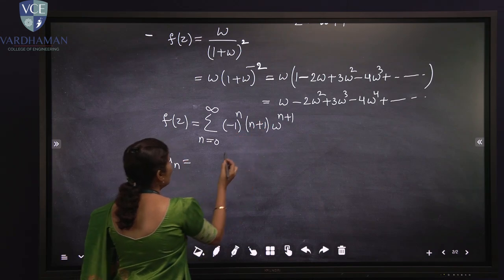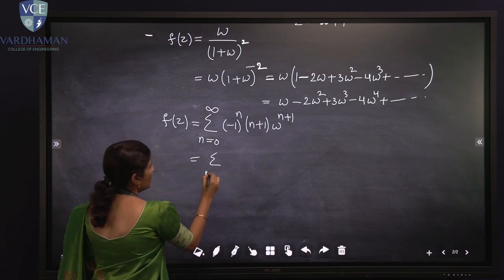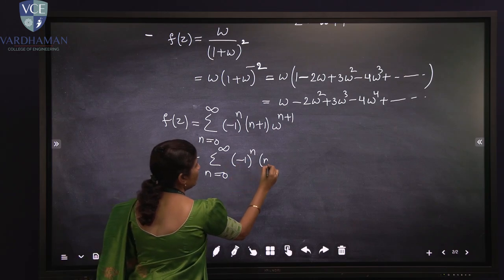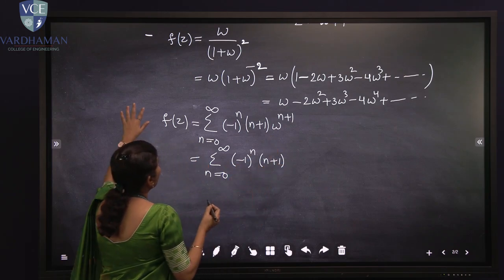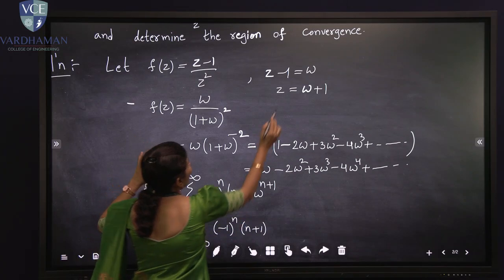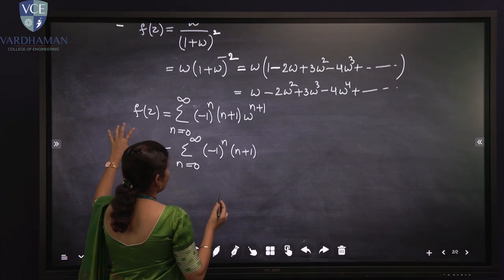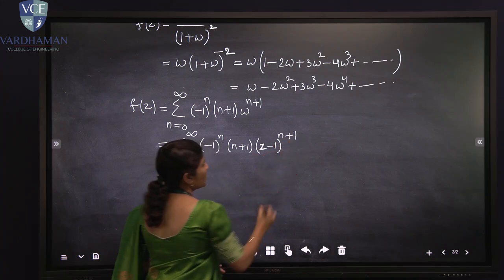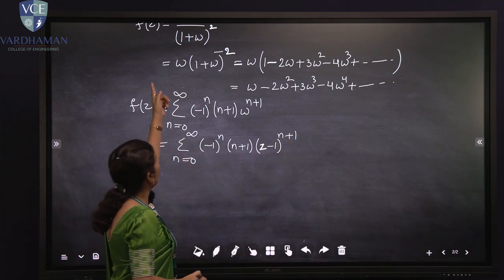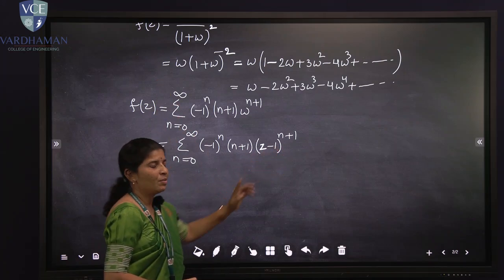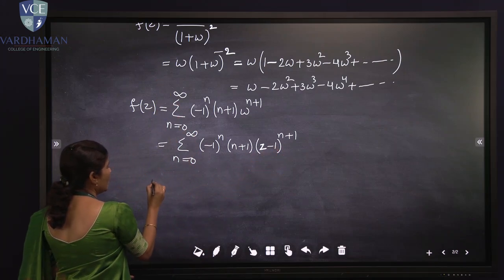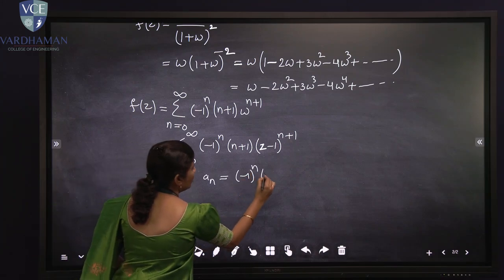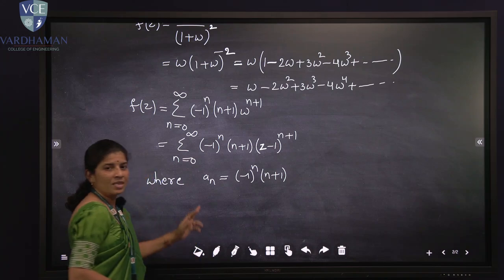I will write this value first: summation n equals 0 to infinity minus 1 raised to n plus 1, and we know the w value is z minus 1, that is w equals z minus 1 whole power of n plus 1. This is the expansion of f of z in powers of z minus 1. Now I will compare the an value, where an equals minus 1 power of n into n plus 1, and this is the an value.